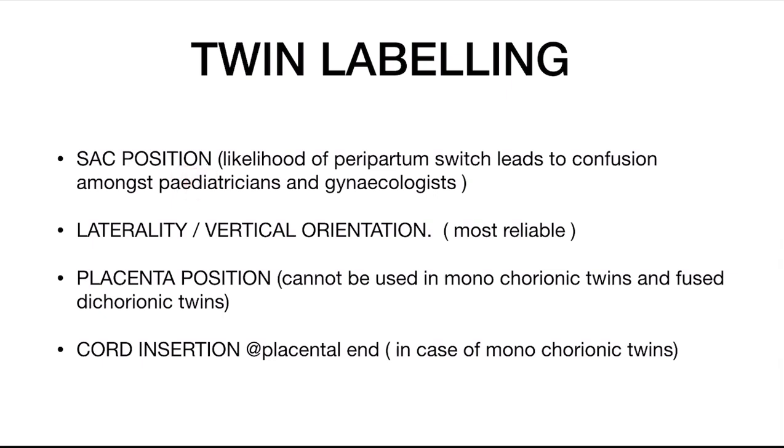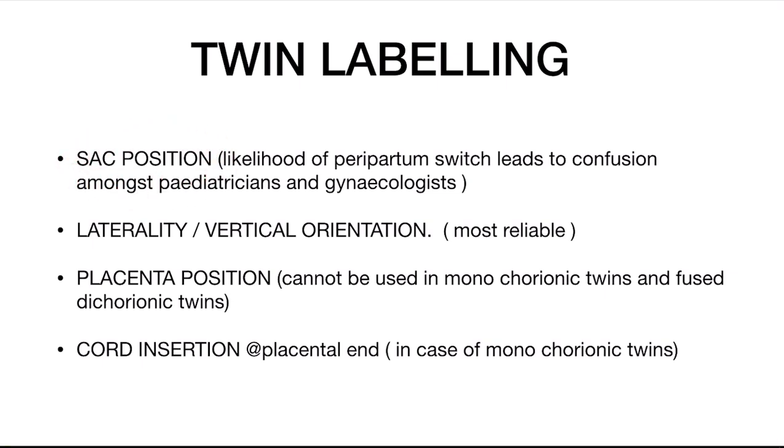It was highly used a few years back and people today also use this method, but the likelihood of peripartum switch leads to confusion amongst pediatricians and gynecologists, as the sac position claims the presenting twin as twin 1 and the second twin as twin 2, but during the peripartum switch it just gets vice versa. So it is not recommended nowadays. So do not use this method.